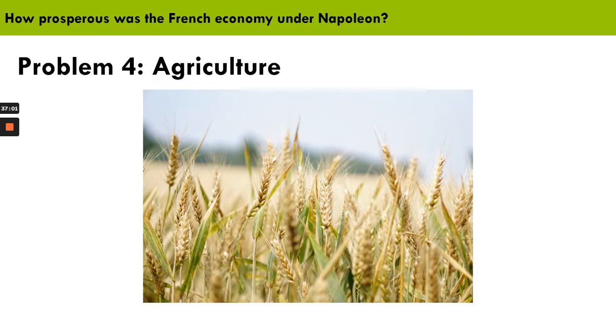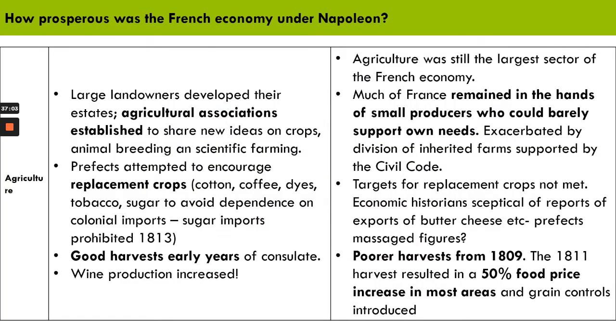Which brings us to agriculture. So we could say that in some ways, again, there was a focus on new ideas and trying to share ideas through agricultural associations about animal breeding and new techniques for crop rotation that had been done in Britain. And one of the things they did was pioneer replacement crops because they didn't have tobacco and sugar from the colonies in the Americas.